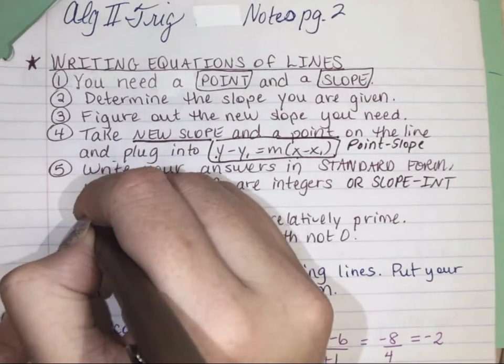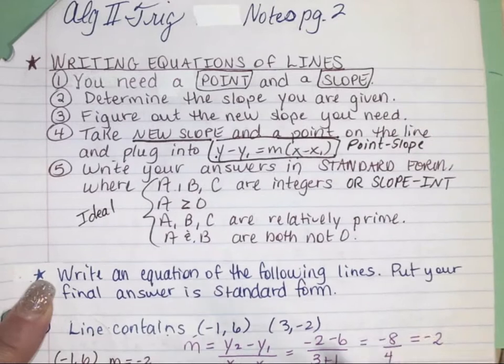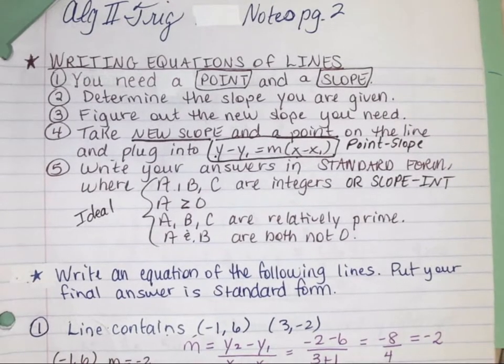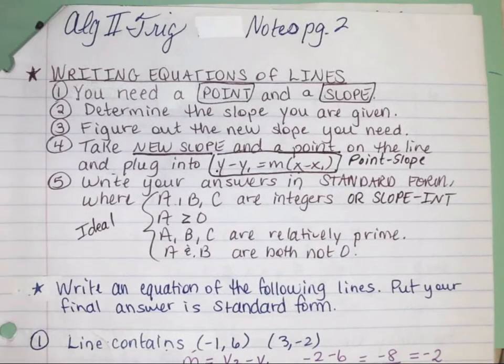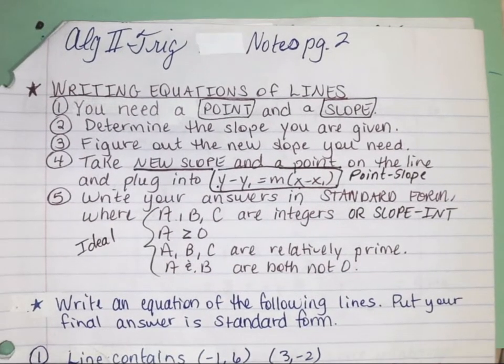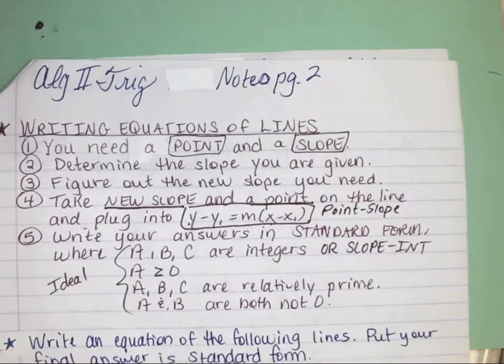That's ideal, but we're not going to strive for that. All right, we're going to go through the last part of this lesson. We're going to write equations of lines given certain conditions.